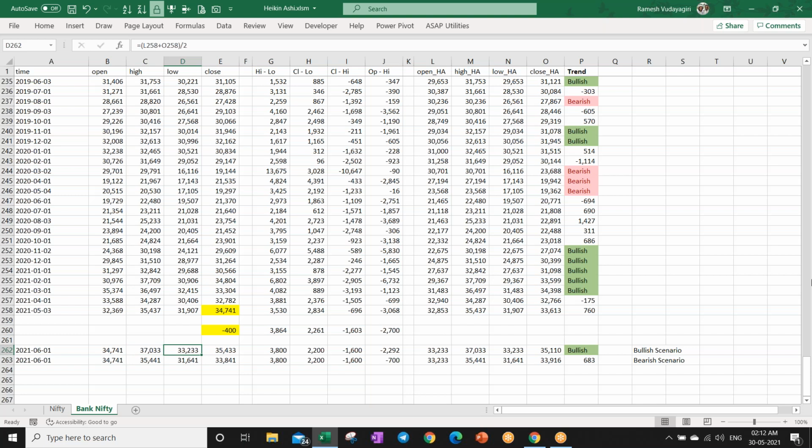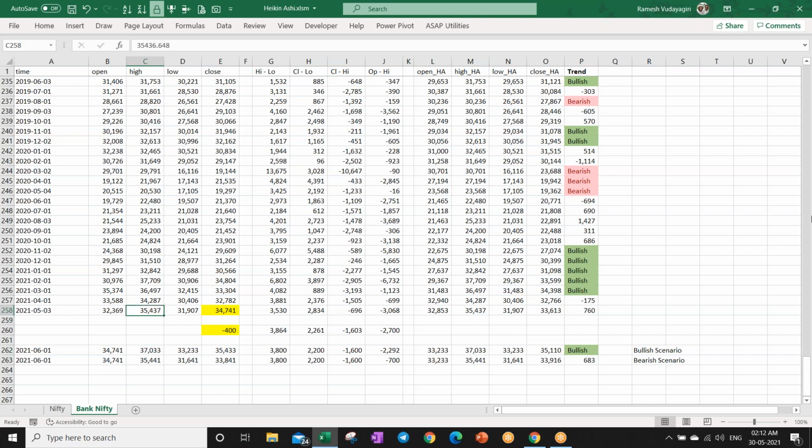Even in the bullish scenario, we will visit the 33,000 to 33,500 level for sure once. Below this it may or may not go, but even in the bullish scenario I'm expecting 33,000 to be tested in the month of June. From there we can visit the 37,000 level in a bullish scenario and test new highs possibly.